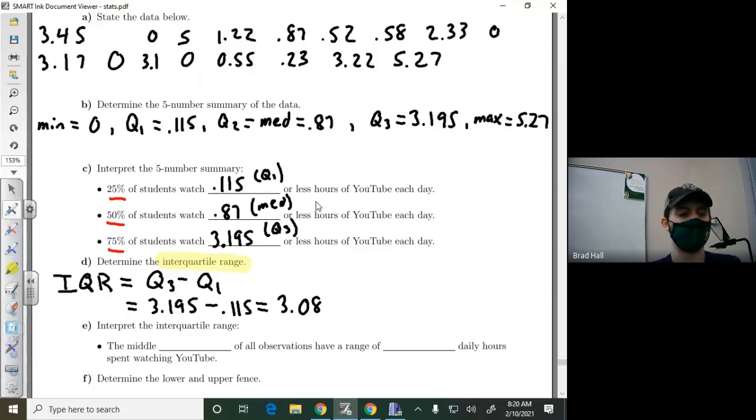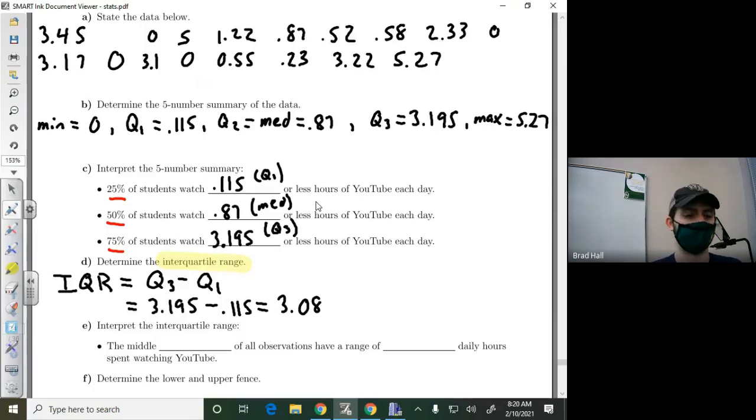So now we get to interpret this result. So what does the interquartile range mean? The interquartile range is how large of a region the middle 50% of observations fall within.